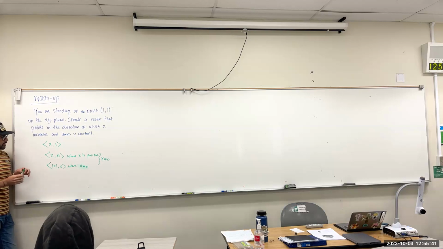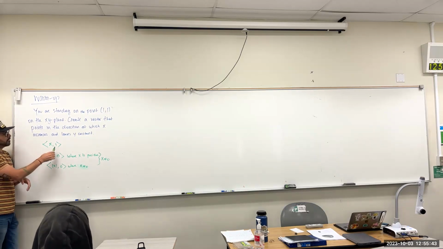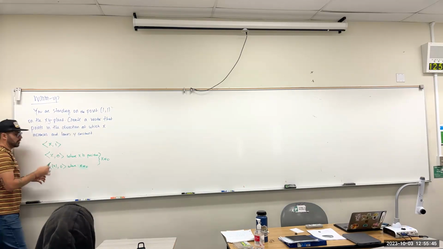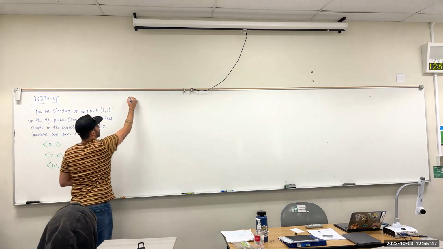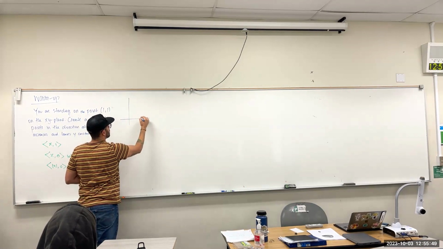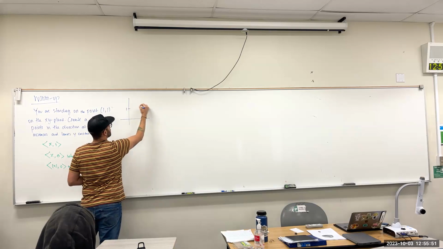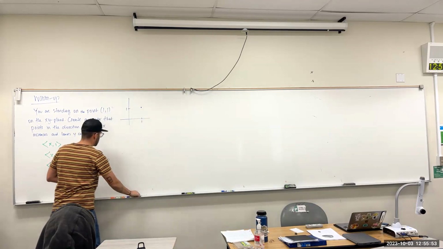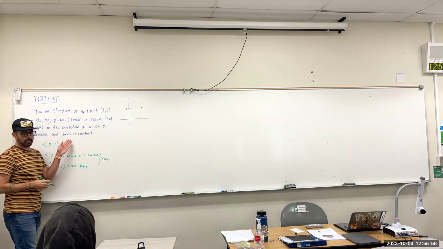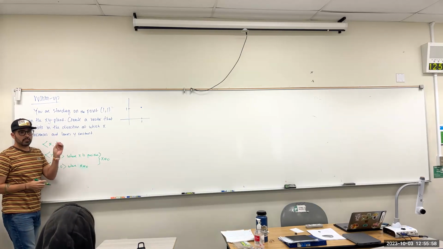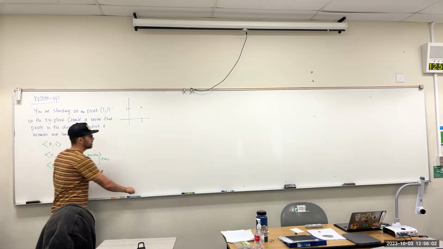So let's see, if you're at the point 1, 1, and you're going to make a vector from there, what's the initial point of that vector? It's going to be 1, 1.